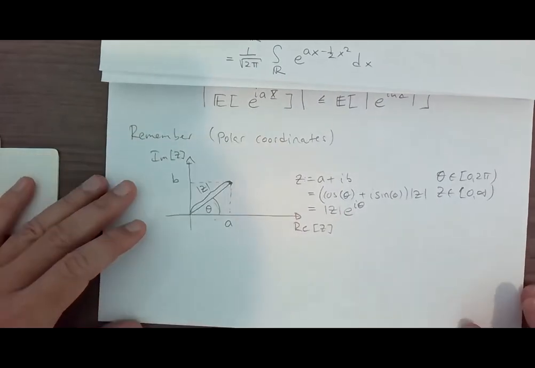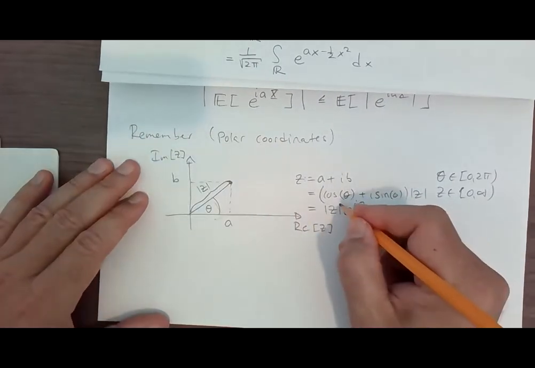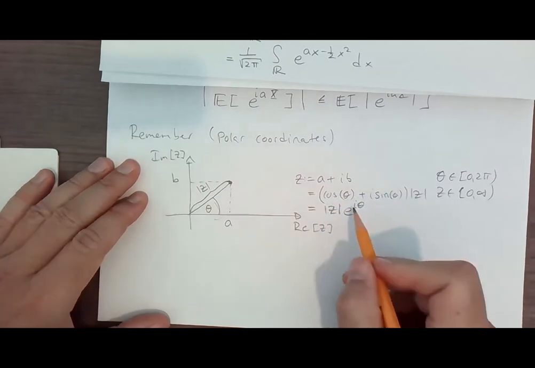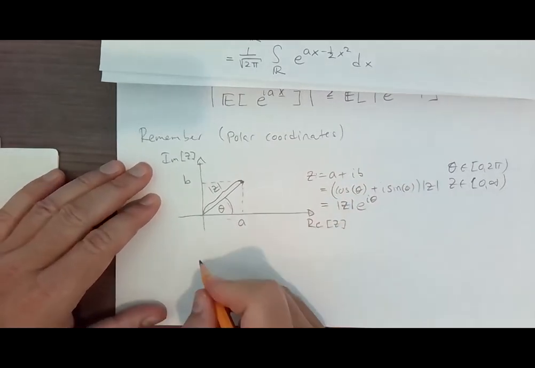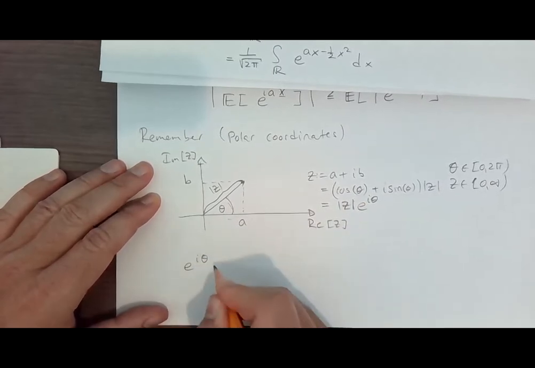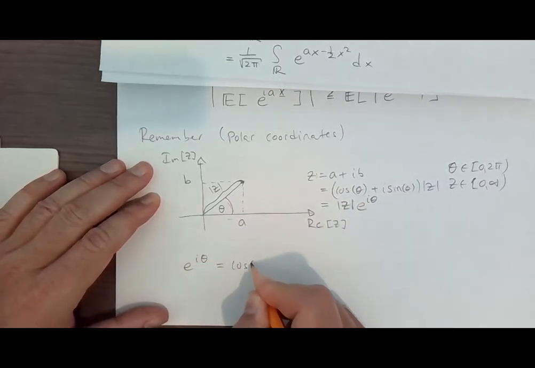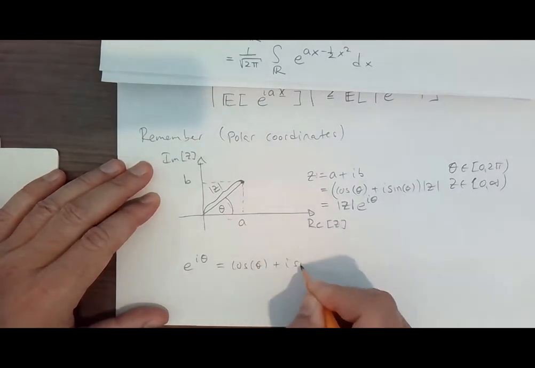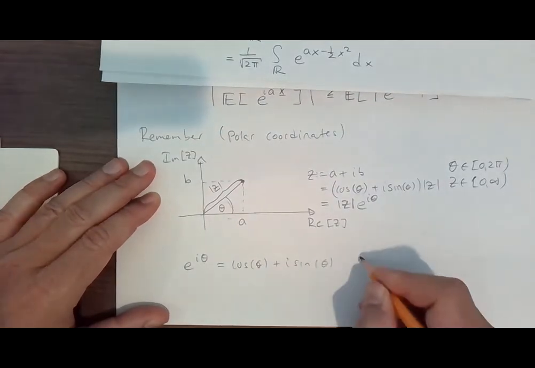As humans, we could have decided to call them the opposite thing. So the equality between e^(iθ) being equal to cosine θ plus i sine θ, this is called Euler's form.